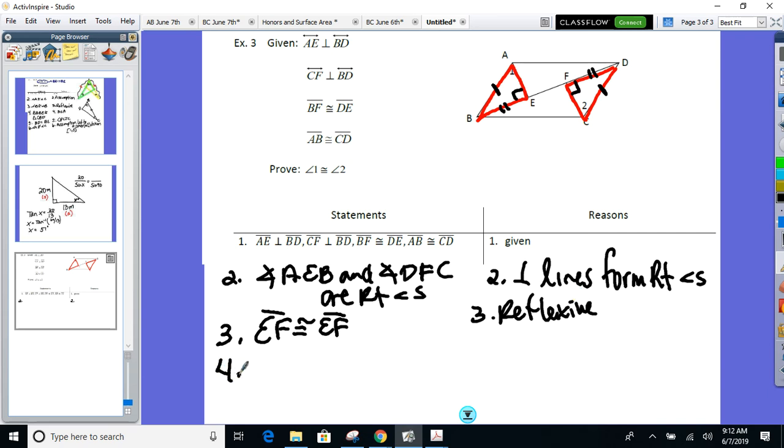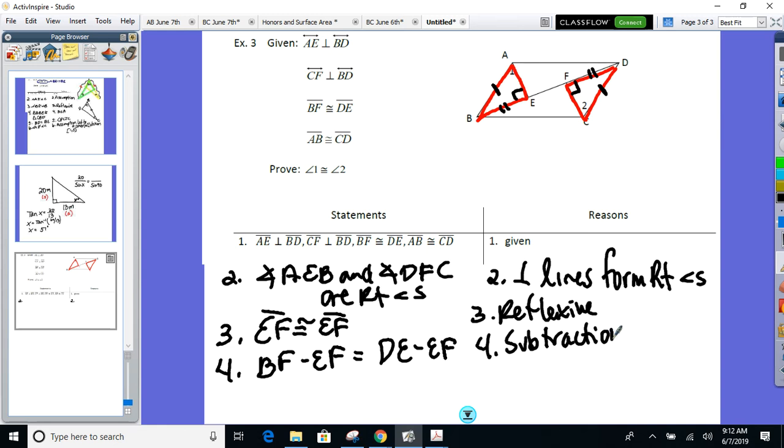And now I can subtract and say BF minus EF equals DE minus EF. And don't forget, anytime we subtract or add, we follow it up with a substitution, to say BE and FD are congruent.